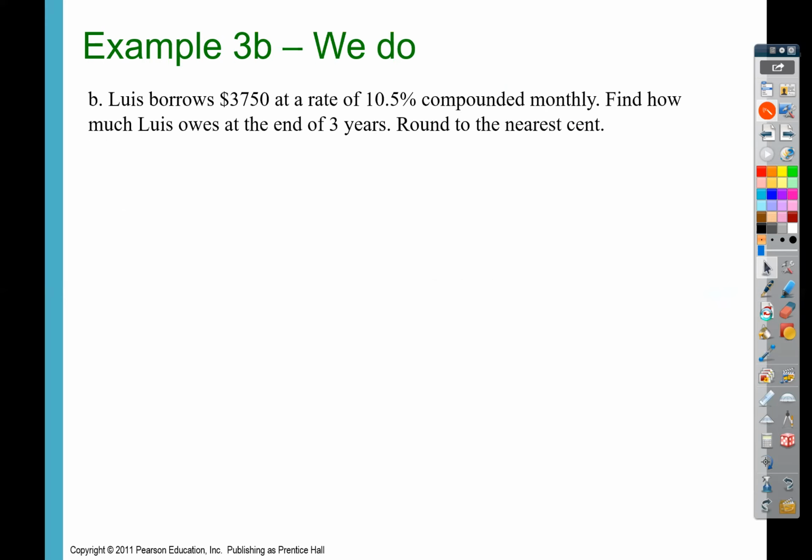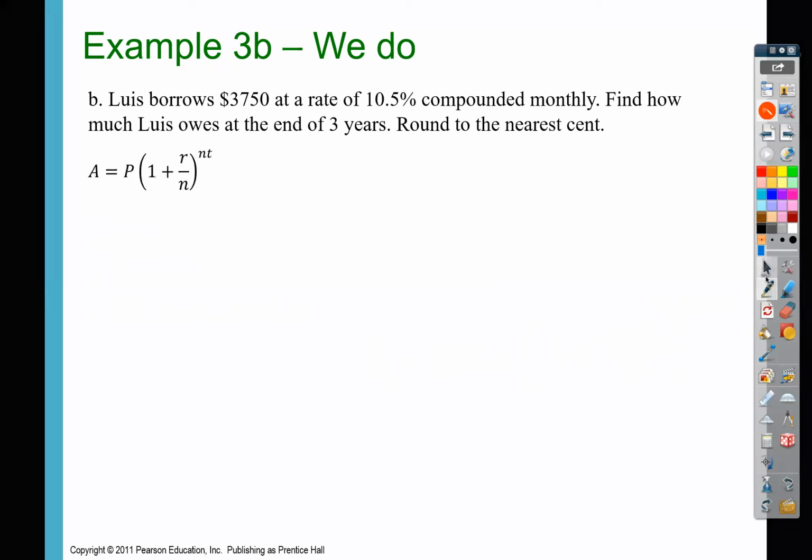All right, Louis borrows $3,750 at a rate of 10.5% compounded monthly. Find how much Louis owes at the end of 3 years, rounded to the nearest cent. So again, we're going to use this. All right, so he borrows $3,750 at a rate of 10.5%.